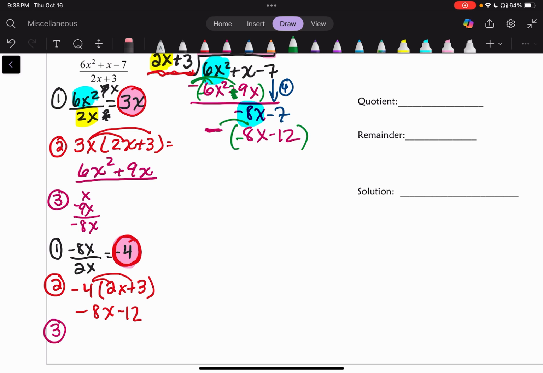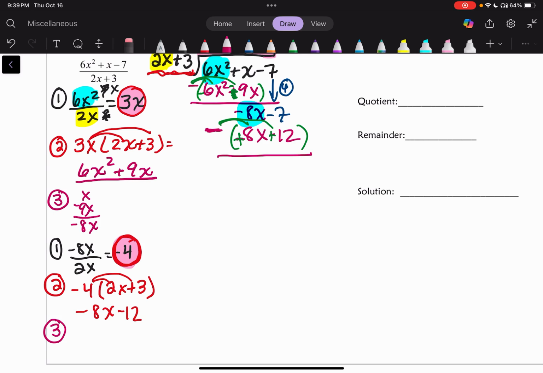This is already a negative 8x. So this is going to turn into a positive 8x. Then I am distributing again, and this is going to become a positive 12x. And then I'm still on that subtraction step, right? So negative 8x plus 8x is going to give us a big fat 0.